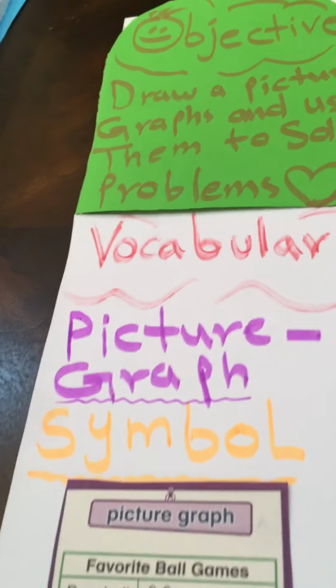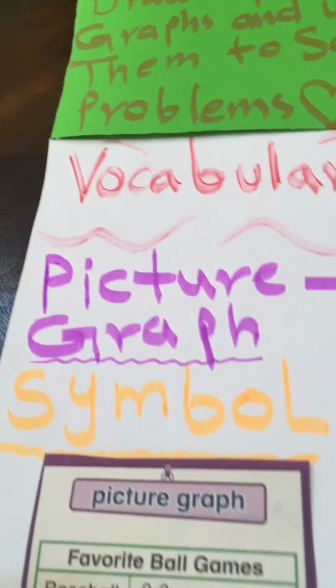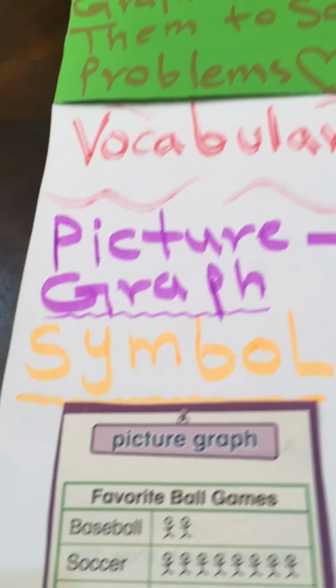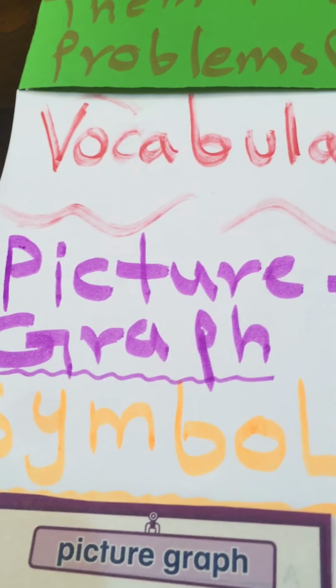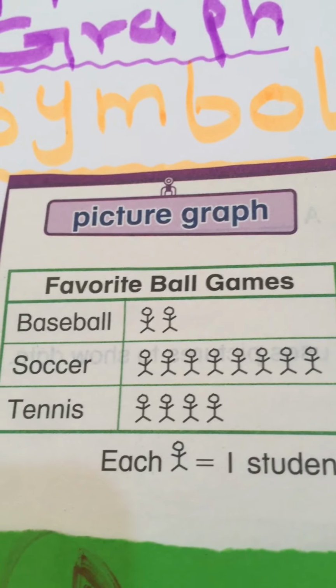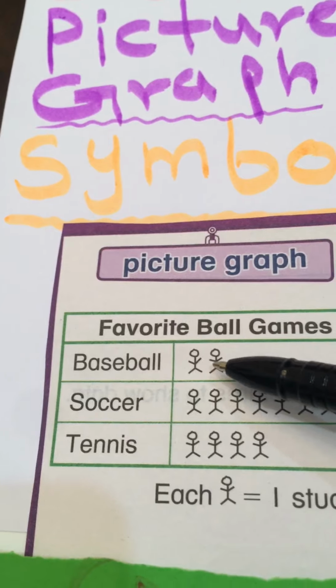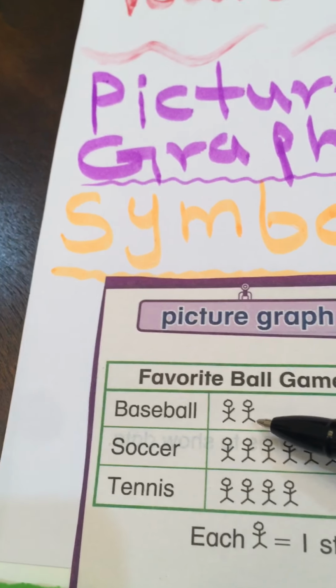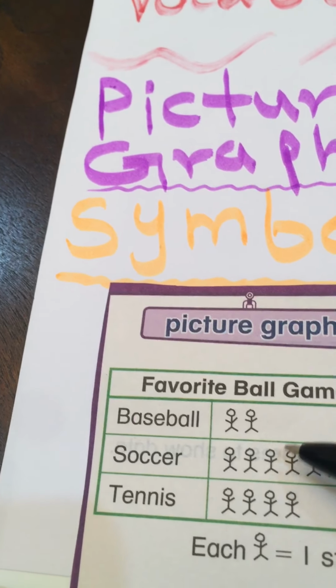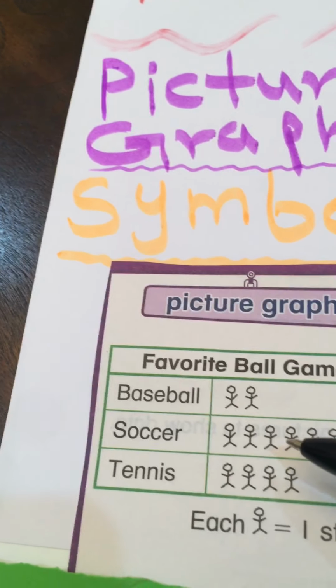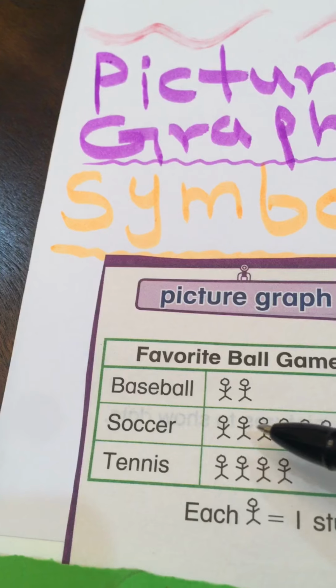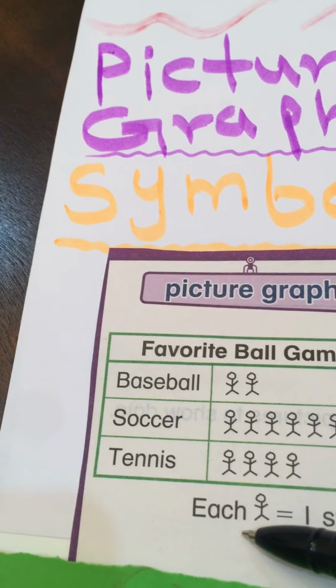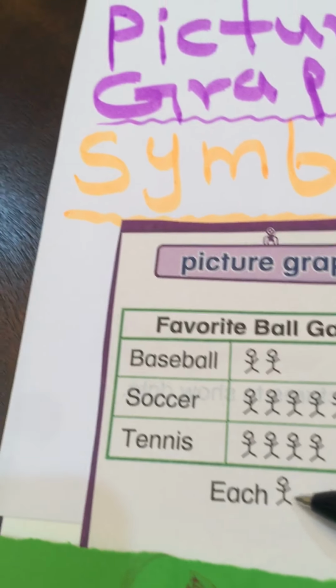So the new vocabulary is picture graph and symbol, and this is what it looks like. So if you look at this, this is a picture graph. So instead of putting numbers or bars, we will draw a symbol. So this we call a symbol.